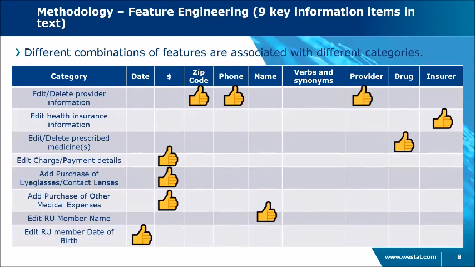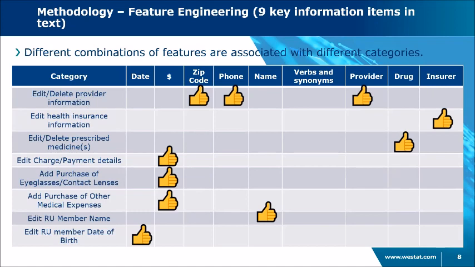So if you look at the table, starting from the second column, we detect date, expenditure, which is symbolized on the side there, zip code, telephone, respondents and their names. We detect some verbs and synonyms, and we detect provider, debt, and insurance in the sentences.